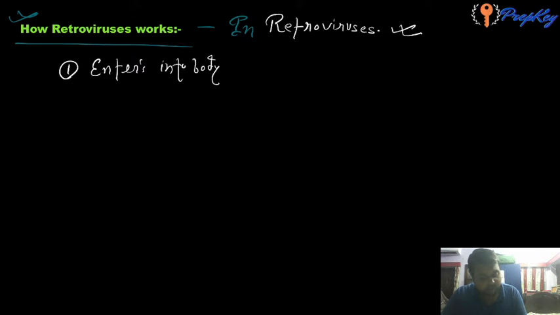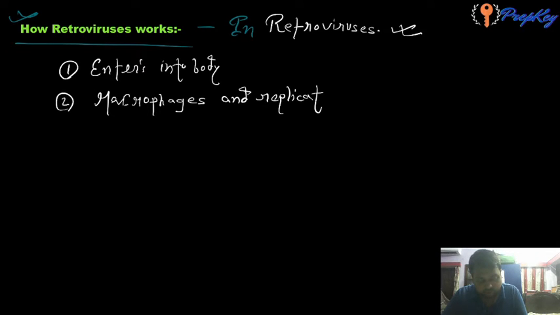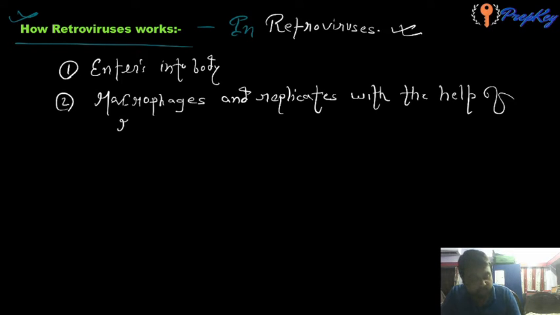And second, they go to the macrophages. I hope you know what macrophages are. They replicate in macrophages with the help of an enzyme, reverse transcriptase. This is one of the most important enzymes here.